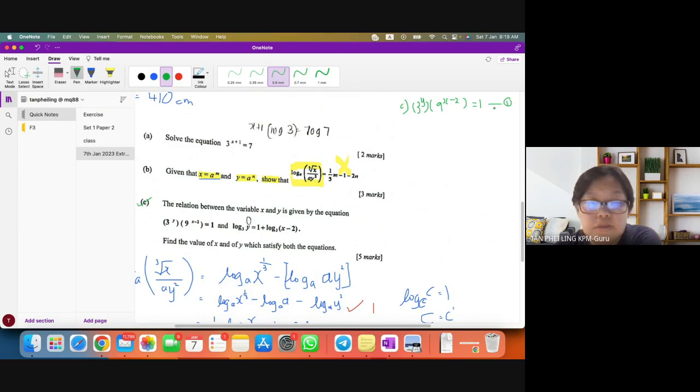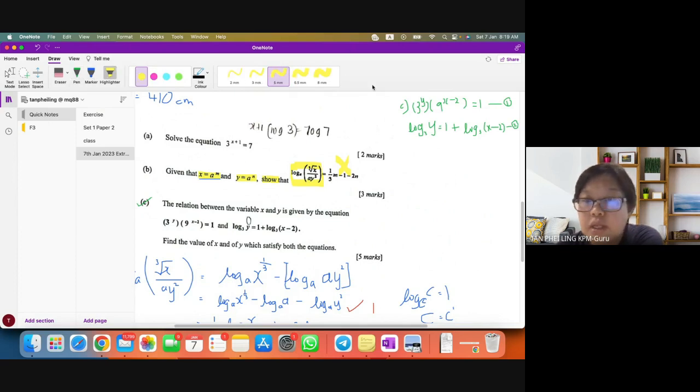And then equation number 2 will be log y base 3 equals 1 plus log base 3, and then you have x minus 2. So it's clear that you have to find the thing that is the same within them.